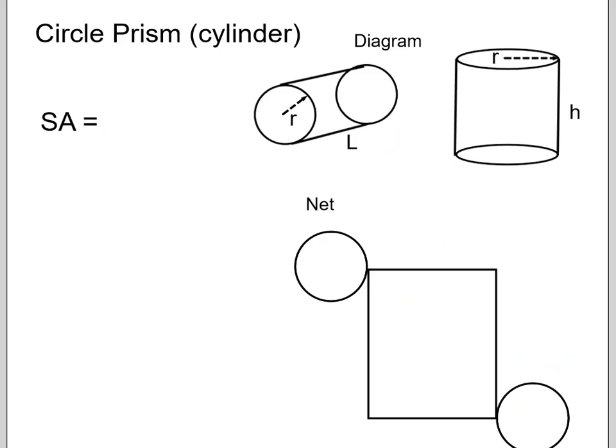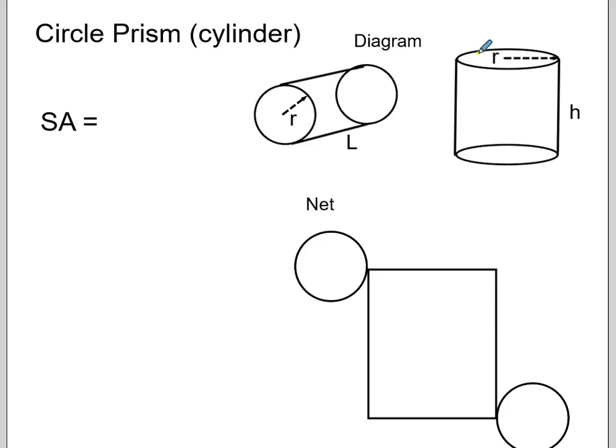Okay, second last one, circular prism. If I want to find the area for this one, there are 2 small circles, which you can see here and here, and a rectangle. If you've ever rolled up a piece of paper to make a tube, that's how we create a cylinder.